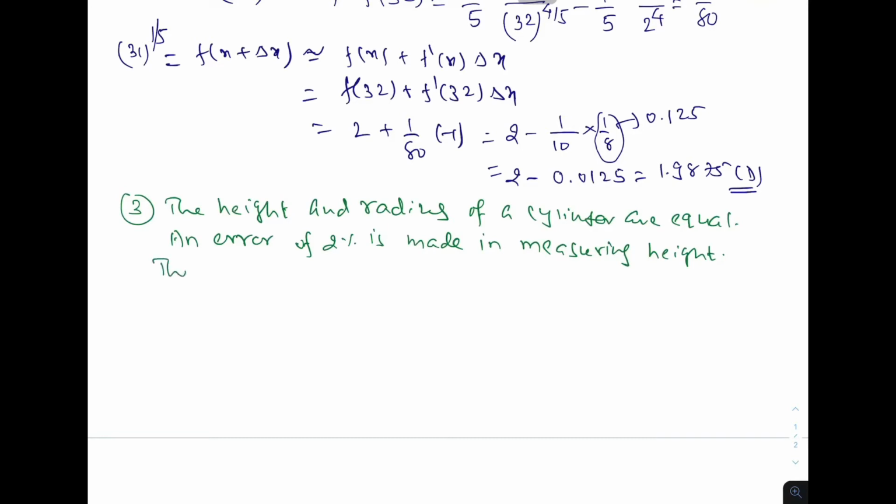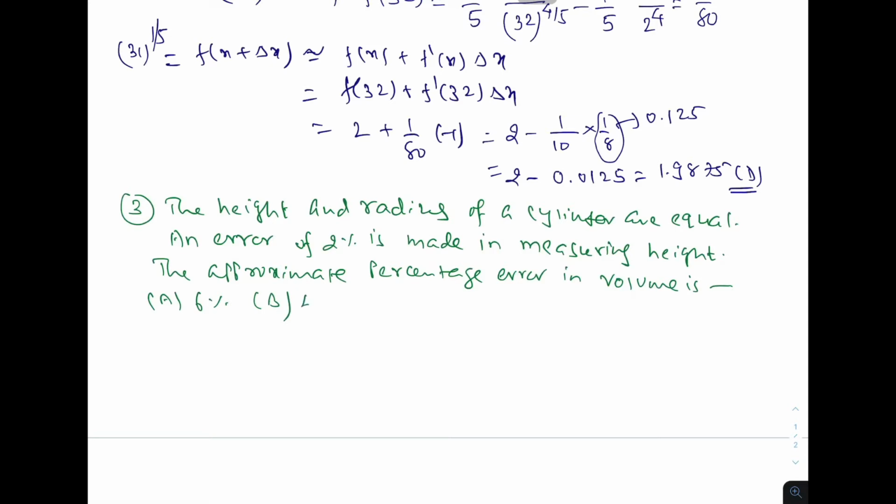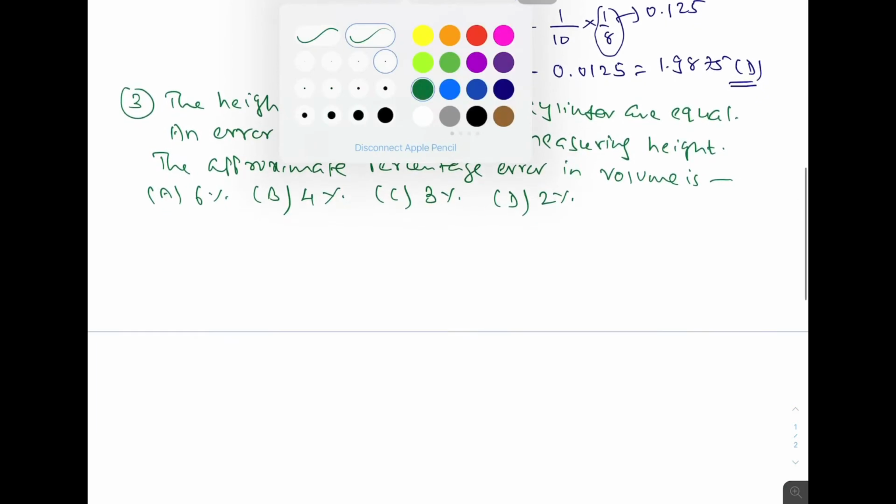The approximate percentage error in volume is blank. Options are 6%, 4%, 3%, 2%.